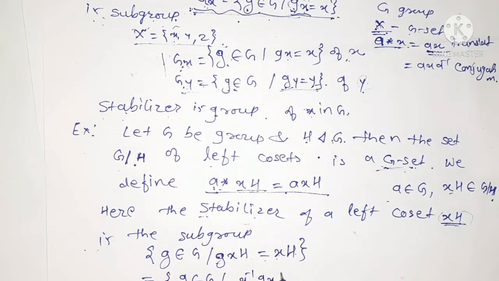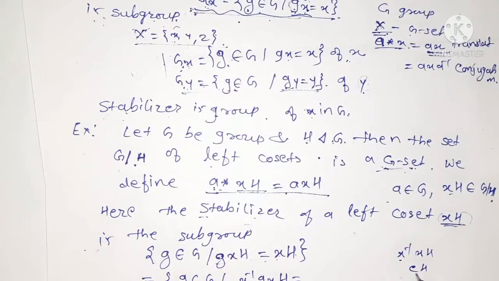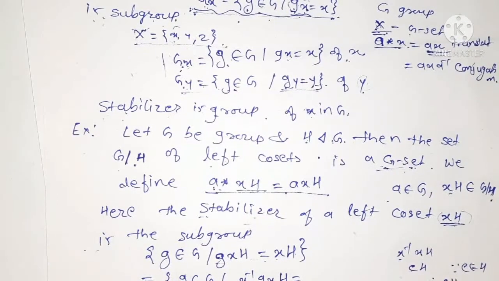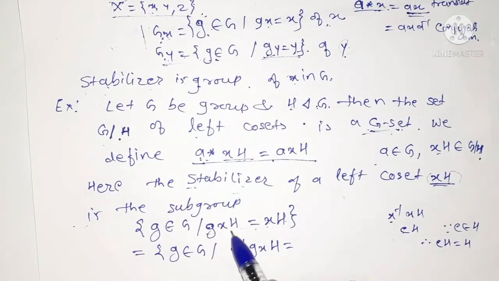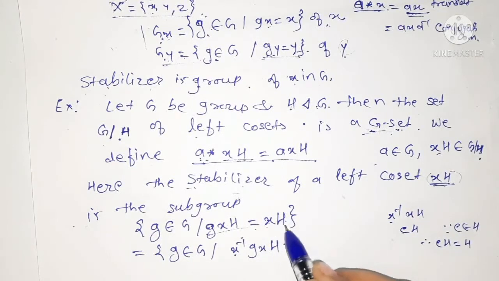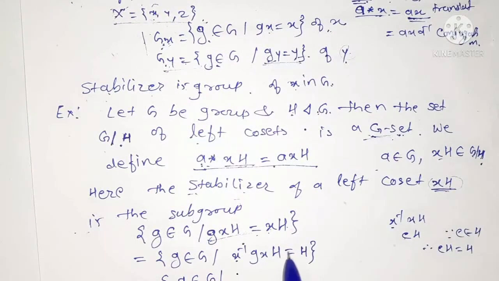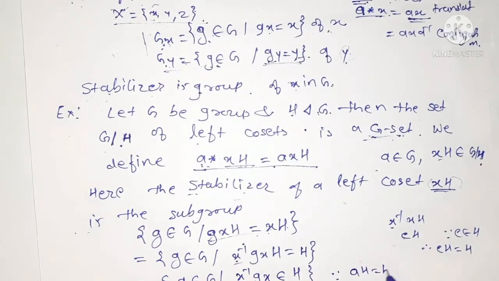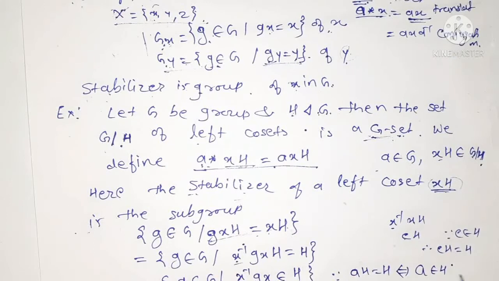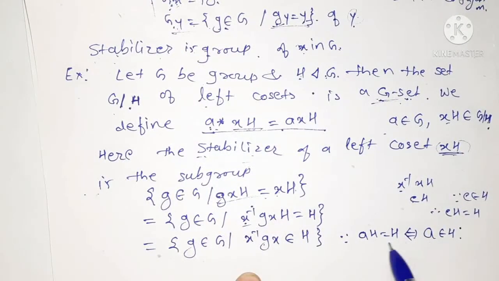So x inverse gxH is equal to x inverse xH, which is eH, and since e belongs to H, eH equals H. So after pre-multiplying by x inverse, on the right side we get H. So the set of all g in G such that x inverse gxH = H. This implies x inverse gx belongs to H, since we know that aH = H if and only if a belongs to H.